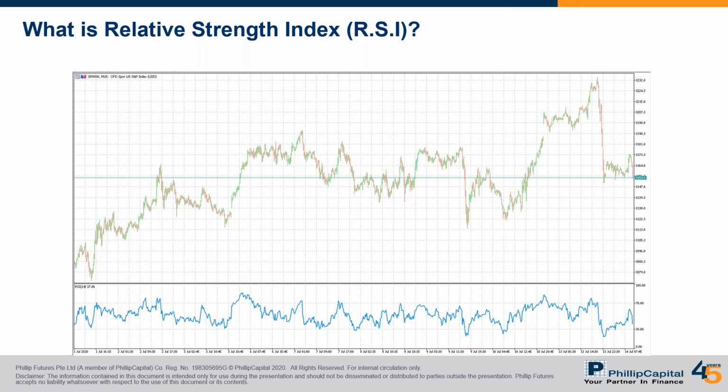According to the creator of this indicator, if the RSI moves below 30, it is an indication that the market is temporarily oversold. That means it dropped too fast. If it's above 70, then the market is probably temporarily overbought. So this is how we use the indicator, 30 and 70.